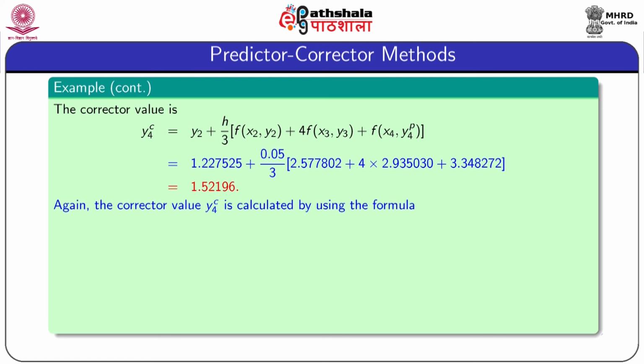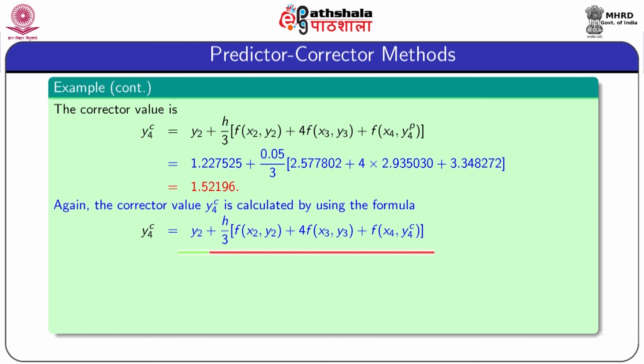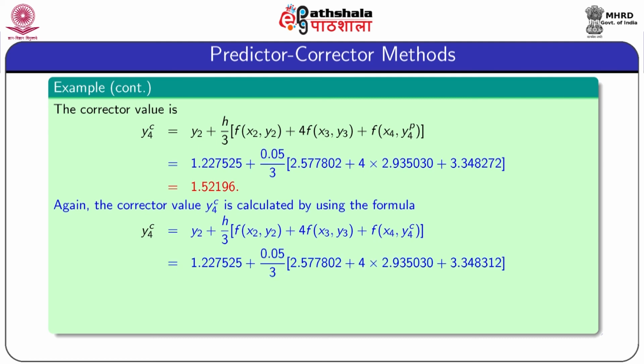Again the corrector value of y4c is calculated by using the following formula: y4c equal to y3 + (h/3) into [f(x2,y2) + 4 f(x3,y3) + f(x4,y4)], and these are the values of the functions f at x2 y2, x3 y3, x4 y4.